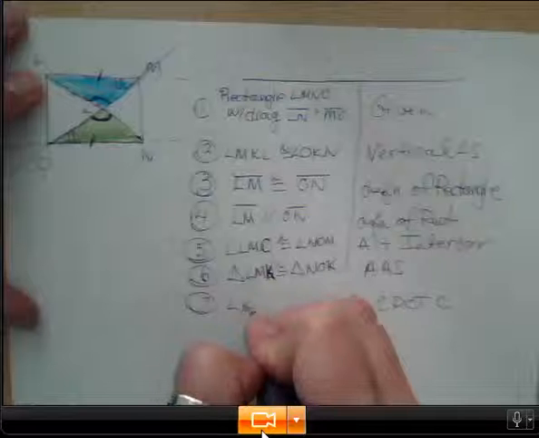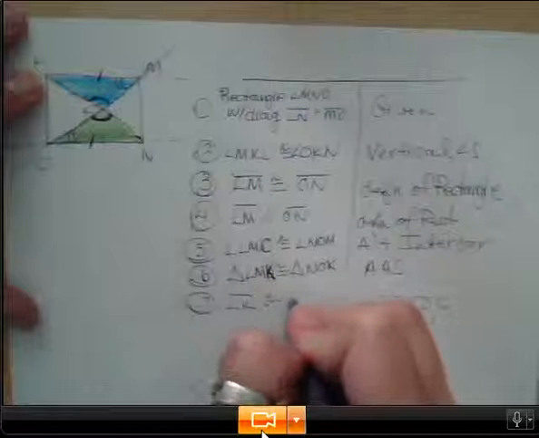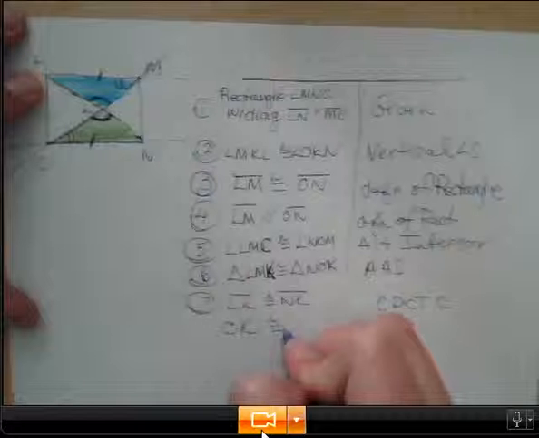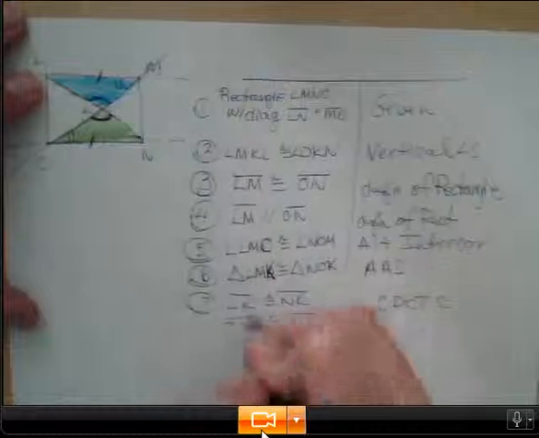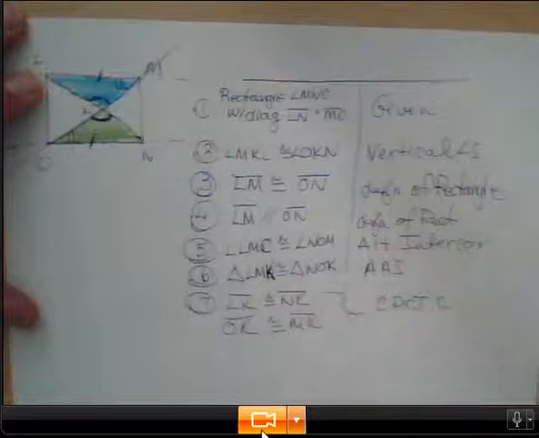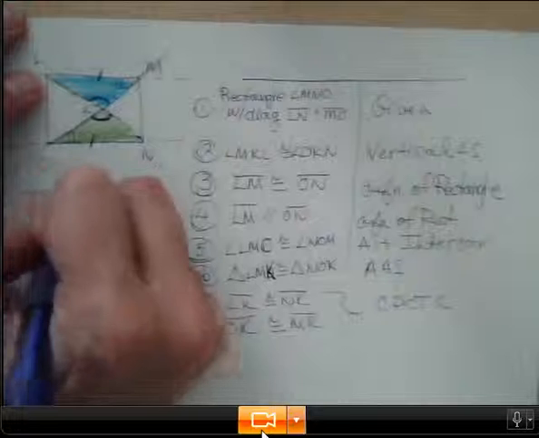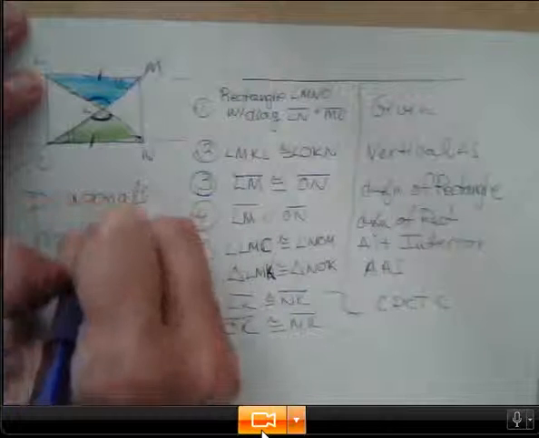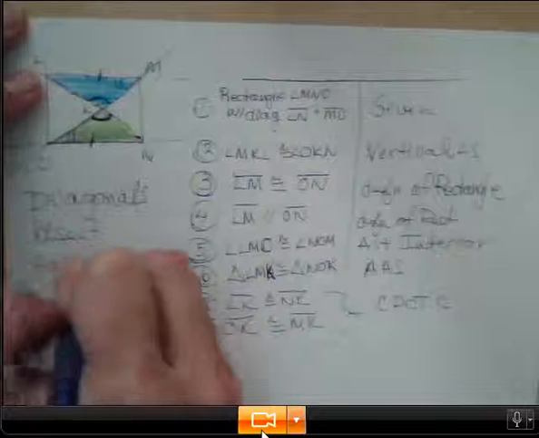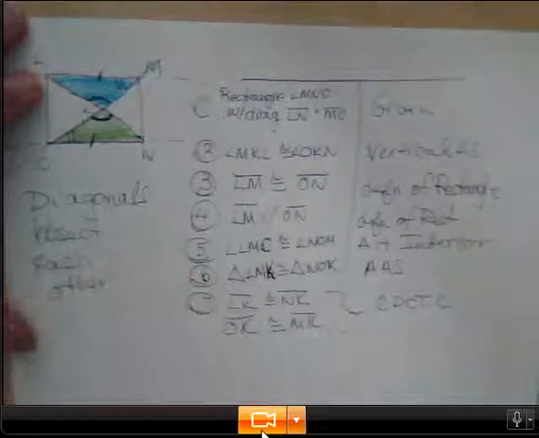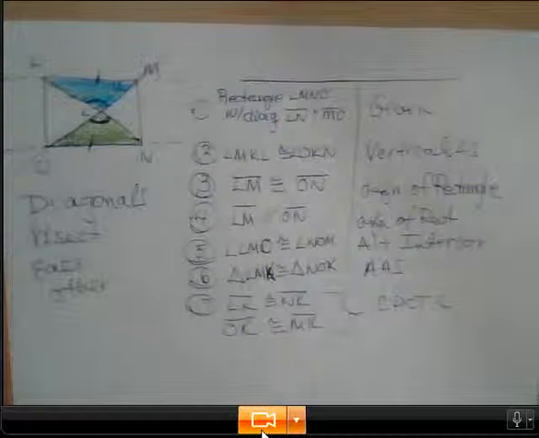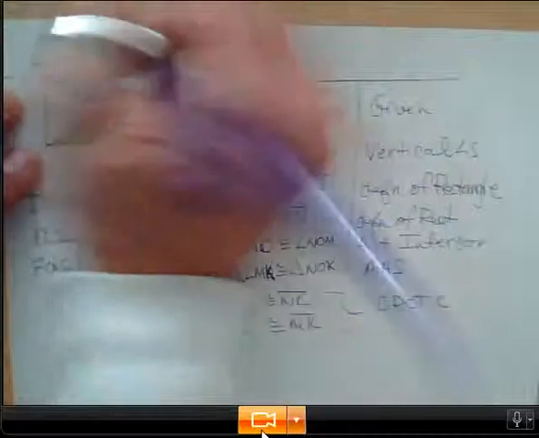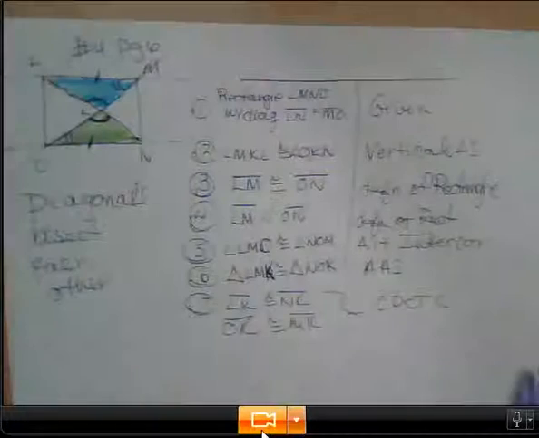So LK has to be congruent to NK, and OK has to be congruent to MK. Those are both CPCTC. So this shows that the diagonals bisect each other. So that's to help you out with proof. This was number 4 on page 6. So that shows you that part.